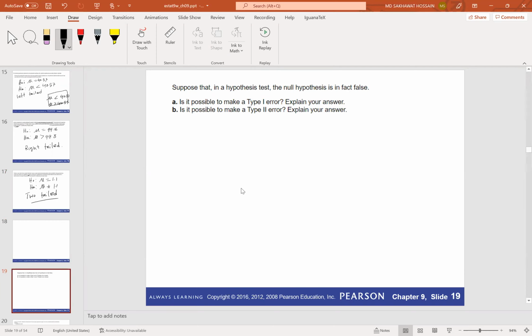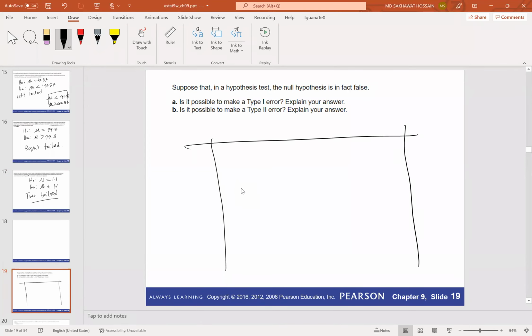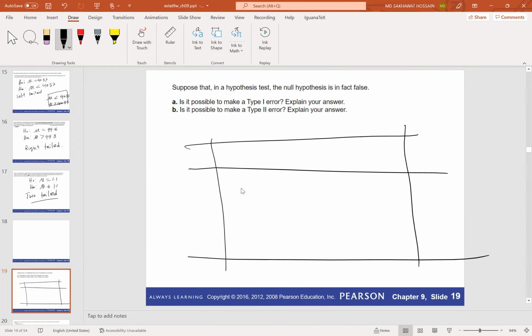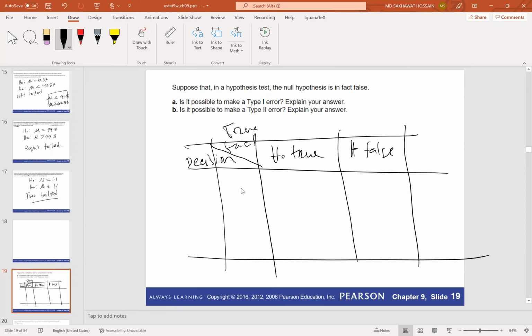Okay. So suppose that in a hypothesis test, the null hypothesis is in fact false. So the true fact is null is false. This is our true fact, and this is our decision.